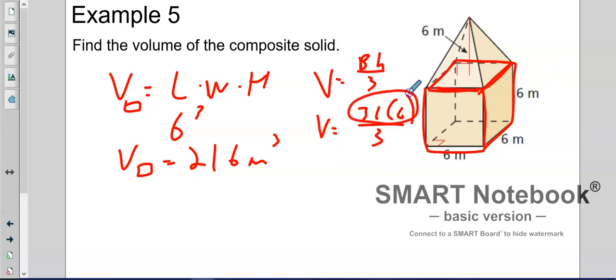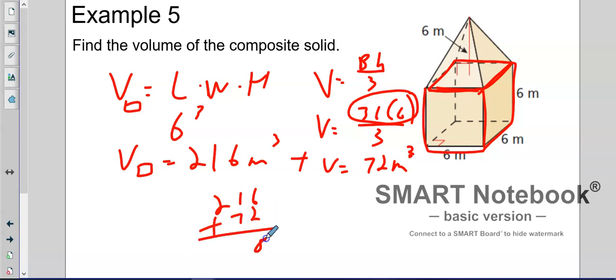Really, we already know what this is. 6 times 6 times 6 is 216. 216 divided by 3 is 72. Again, meters cubed. And all we're going to do is actually add them together. 216 plus 72, and we get 288 meters cubed. And that's it.